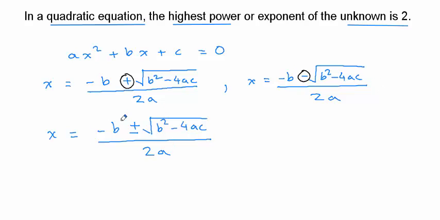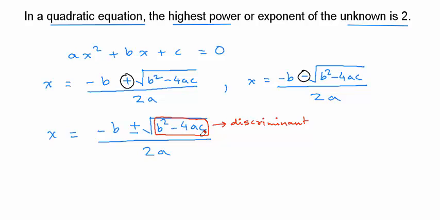This formula is obtained by applying the method of completing the square on the given equation. The expression under the square root, b squared minus 4ac, has got a name. It's called the discriminant of the quadratic equation, and it's got some real significance.